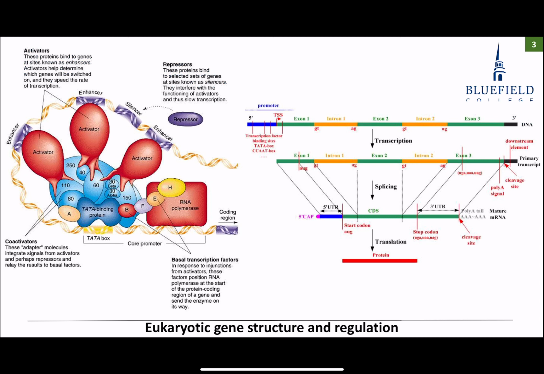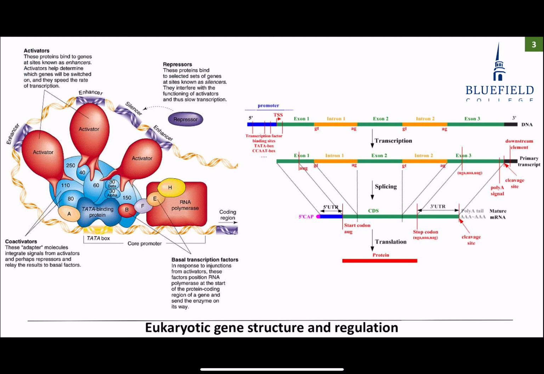So these are cis factors that, like I said, are basically sequence features adjacent to the coding region, but some of them actually can be quite far away from the gene that they regulate. That refers to enhancers and silencers.